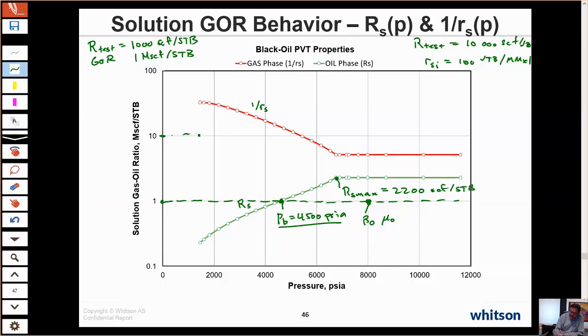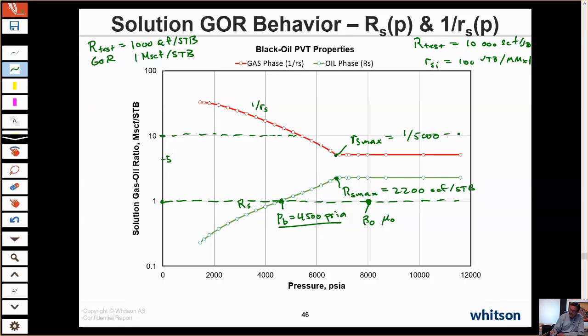We go into there. First, we know that 10,000 is larger than little rs max. Little rs max there is about 1 over 5,000. I can read it off the curve. This is a GOR of about 5,000 on a log scale.